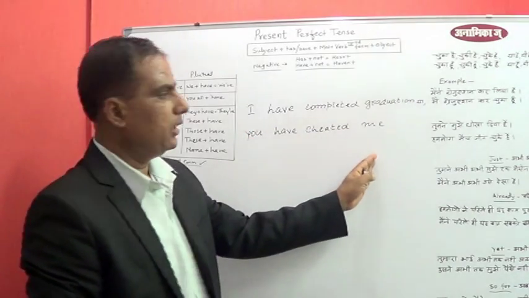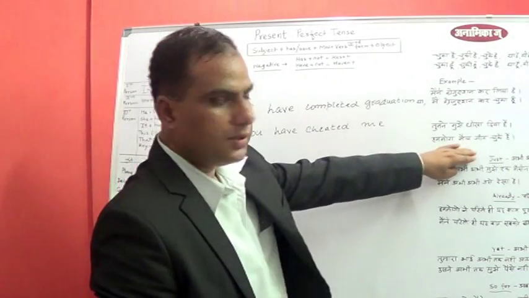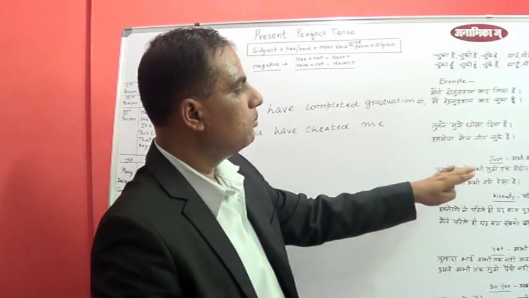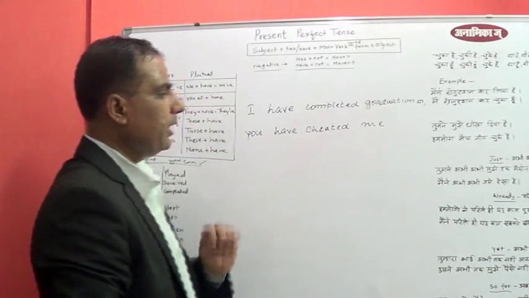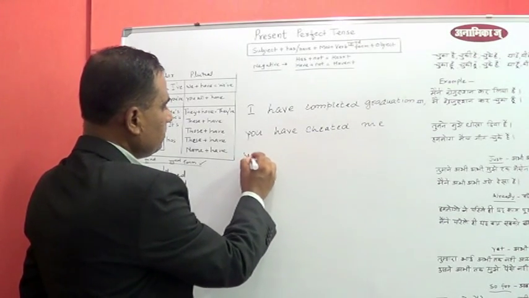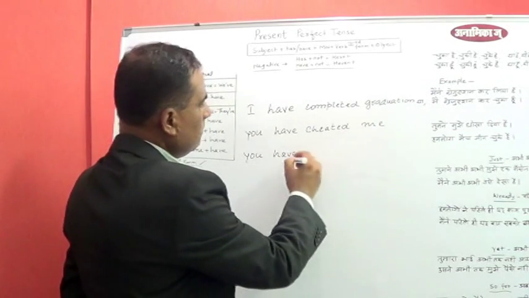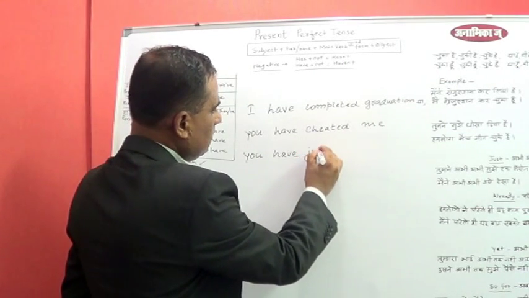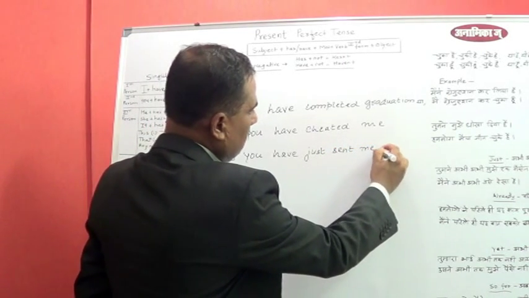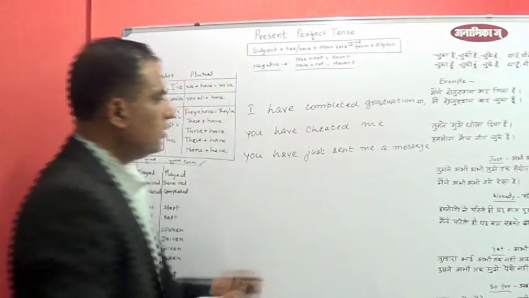Now let's take some examples which have just. मतलब अभी अभी. तुमने अभी अभी मुझे एक मैसेज भेजा है. तुमने शुरुआत में है तो again it will start with you. You have just sent me a message.